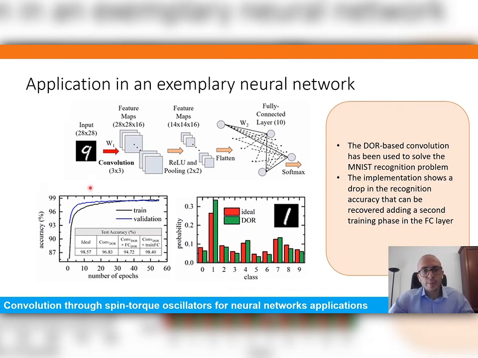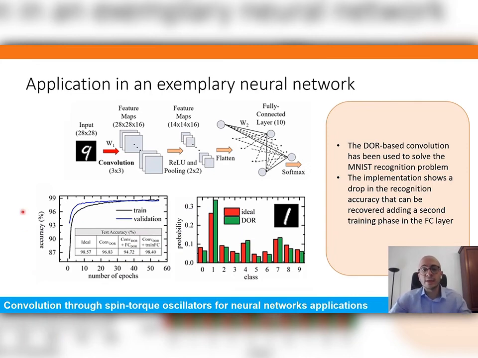And we applied the DOR technology to the convolution layer here, and we obtained a drop of about 2 percentage points in the accuracy. So we obtained 96.8%. But then after a very quick update of the weights of the fully connected layer, we obtained an accuracy of 98.4%. So we restored the starting accuracy.